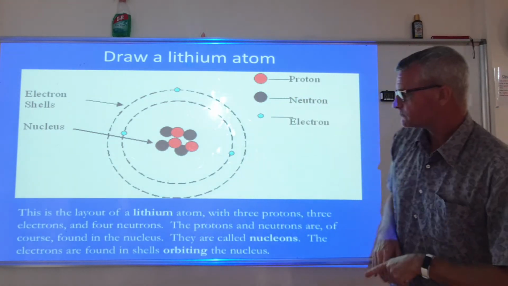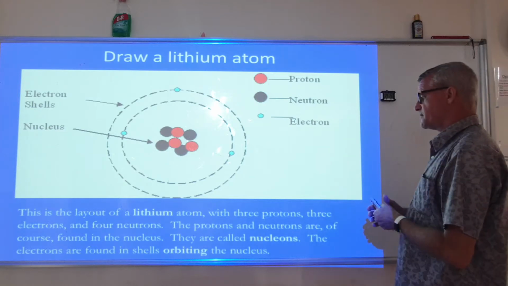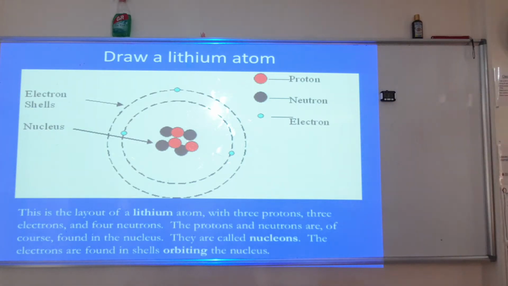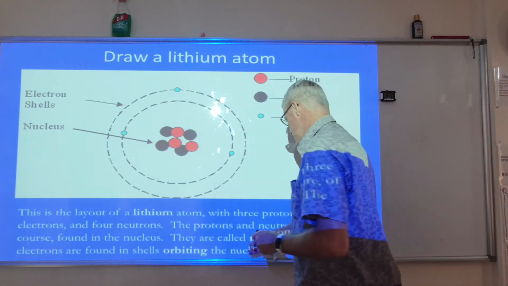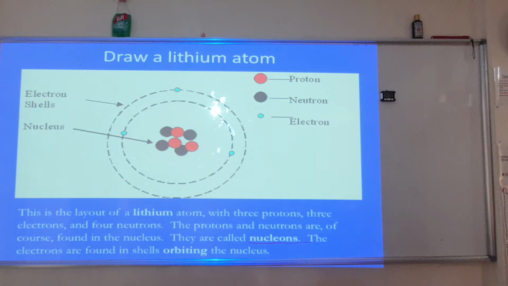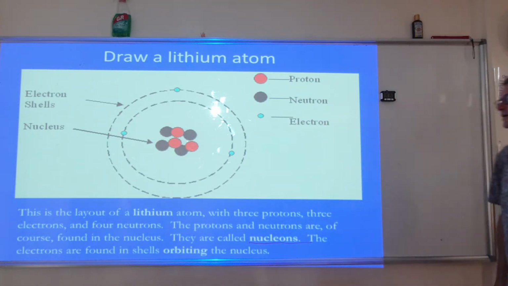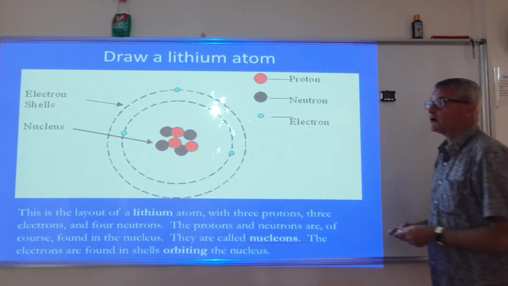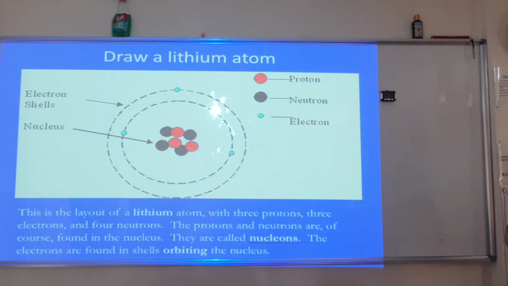So 3 protons, 3 electrons, 4 neutrons in this case, and the protons and the neutrons are found in the nucleus. We call them, don't forget that name, the nucleons, and the electrons are found in shells orbiting the nucleus. That's more or less all they knew. Later on, you know that they are actually in orbitals. Okay? All right.